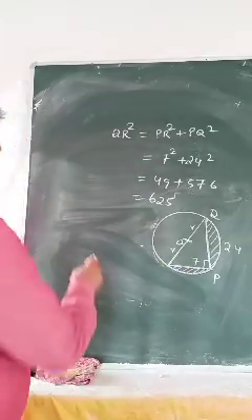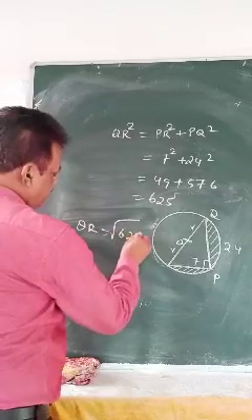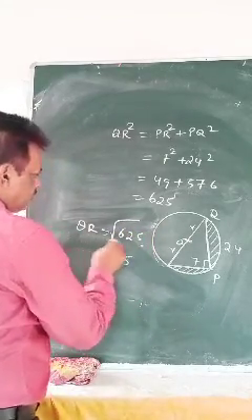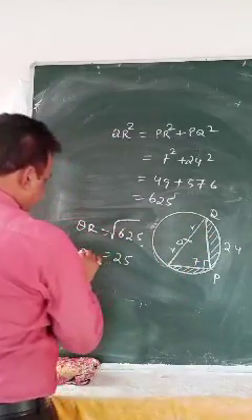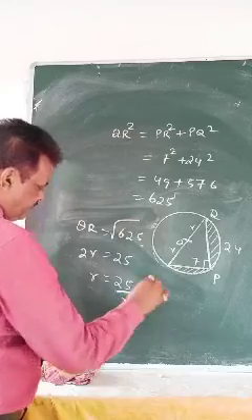What is QR? Root of 625, that is 25. That means QR is 2R, so R is equal to 25 by 2.